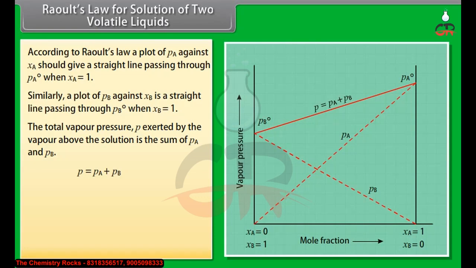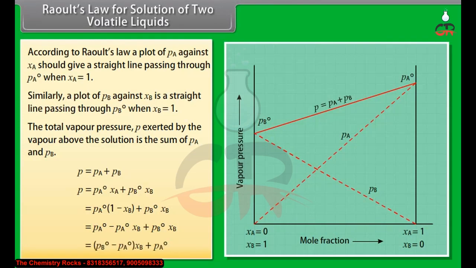By putting XA = 1 − XB, we get the relation P = (PB⁰ − PA⁰) × XB + PA⁰.